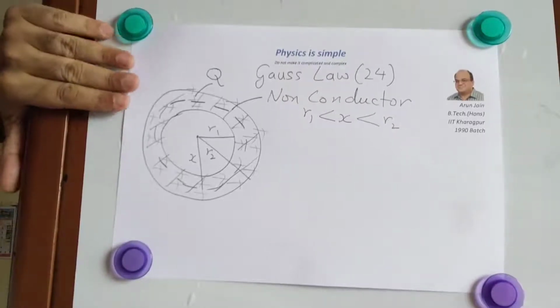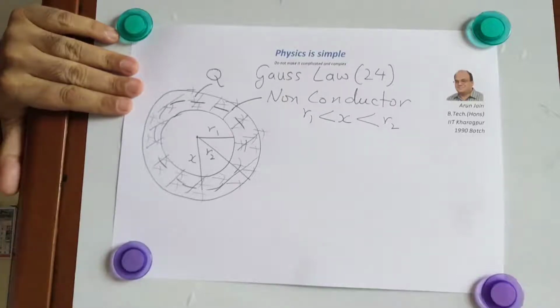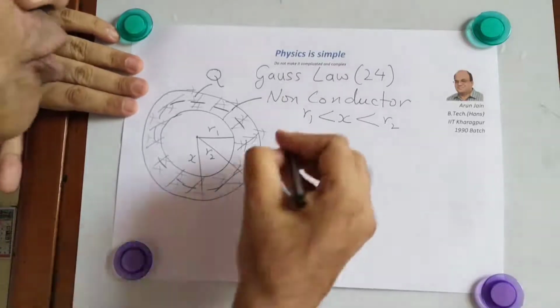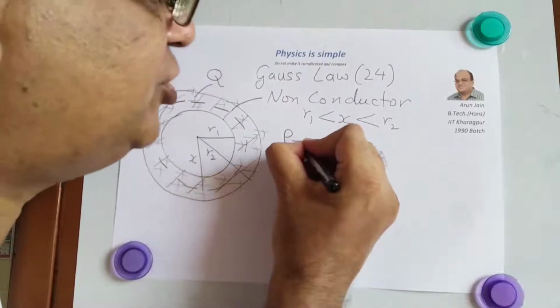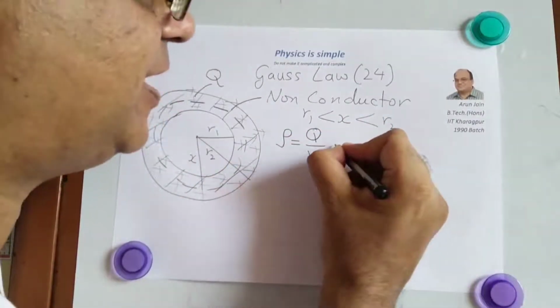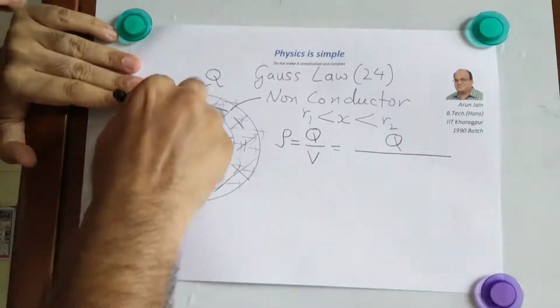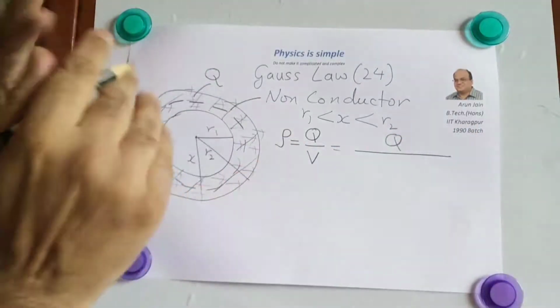So let us first calculate the charge per unit volume, rho. So charge per unit volume will be given by Q divided by the outer volume.